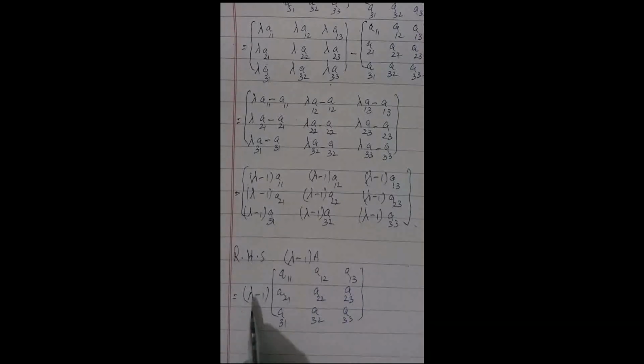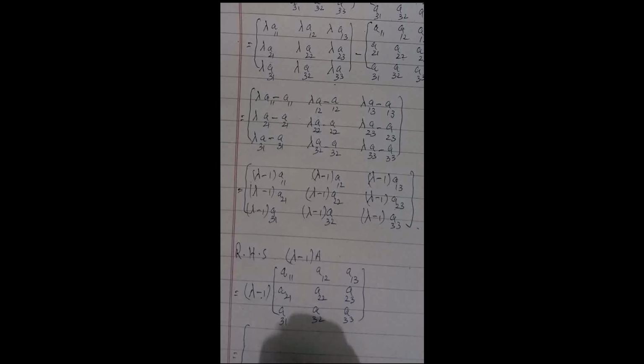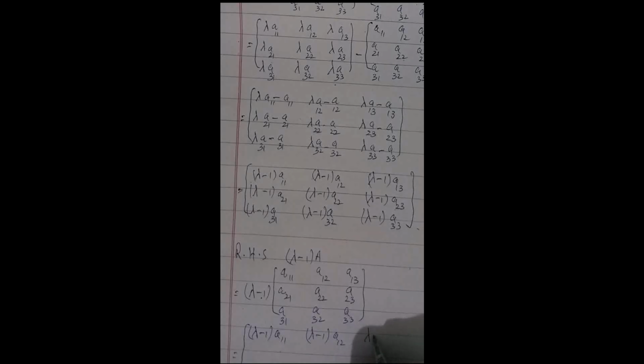Now we multiply lambda minus 1 with this matrix and we get lambda minus 1 A11, lambda minus 1 A12, lambda minus 1 A13, lambda minus 1 A21, lambda minus 1 A22, lambda minus 1 A23, lambda minus 1 A31, lambda minus 1 A32, lambda minus 1 A33.